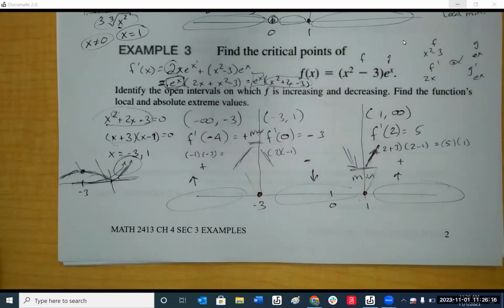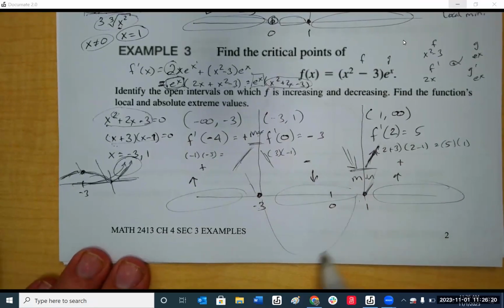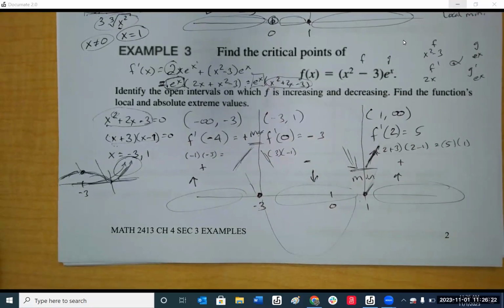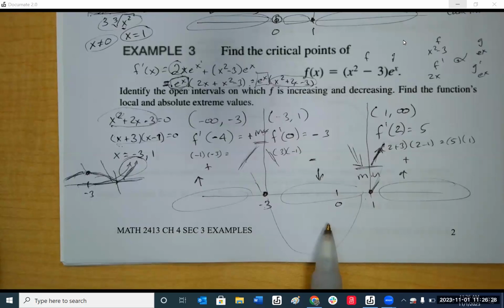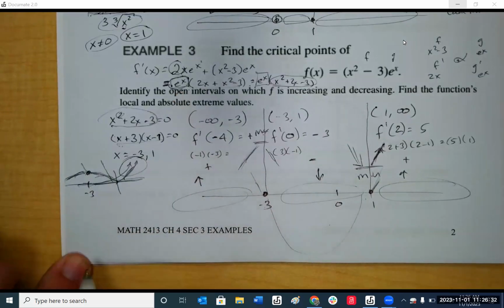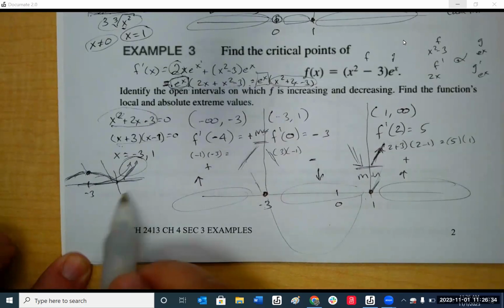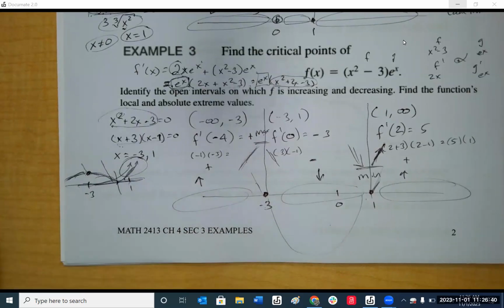Both ends go up, which means between here we have negative numbers. So between -3 and 1, the quadratic equation is negative. So that means these values here, between there, we'll have to have negative values.